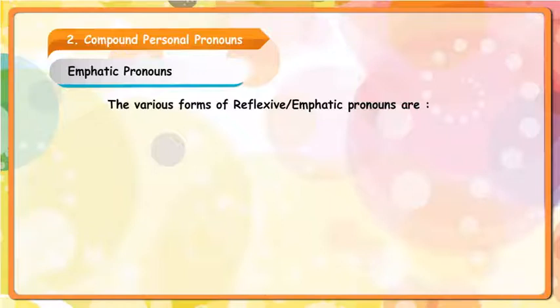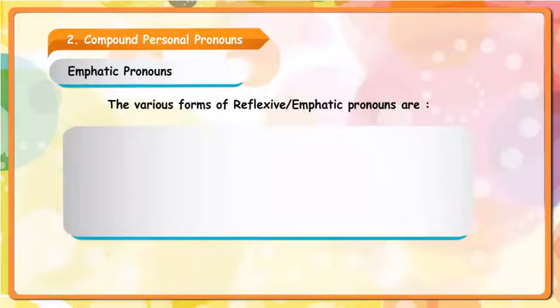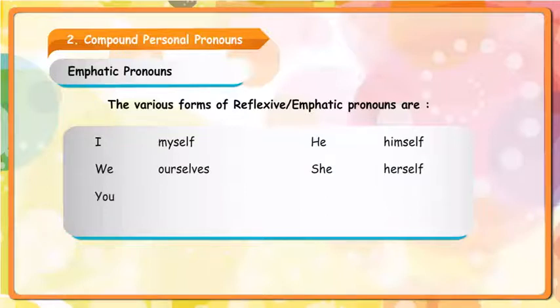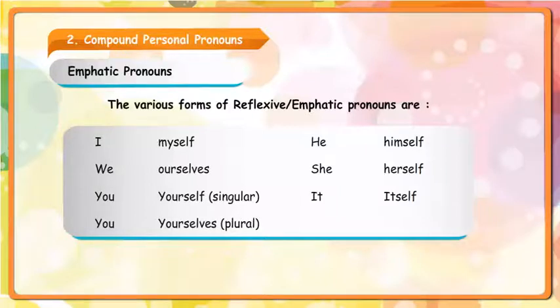The various forms of reflexive or emphatic pronouns are: I, myself; he, himself; we, ourselves; she, herself; you, yourself, singular; it, itself; you, yourselves, plural; they, themselves.